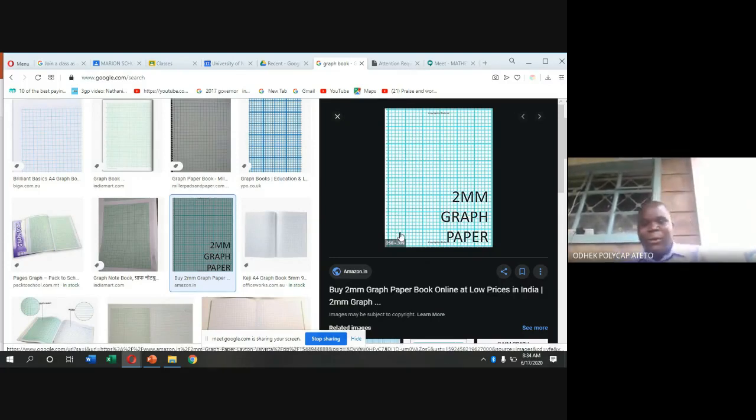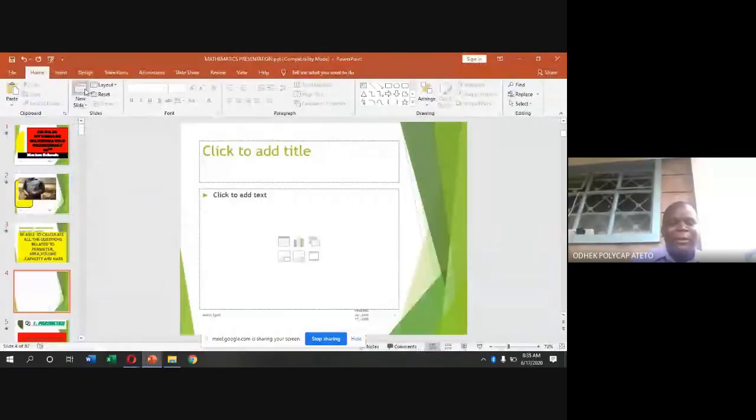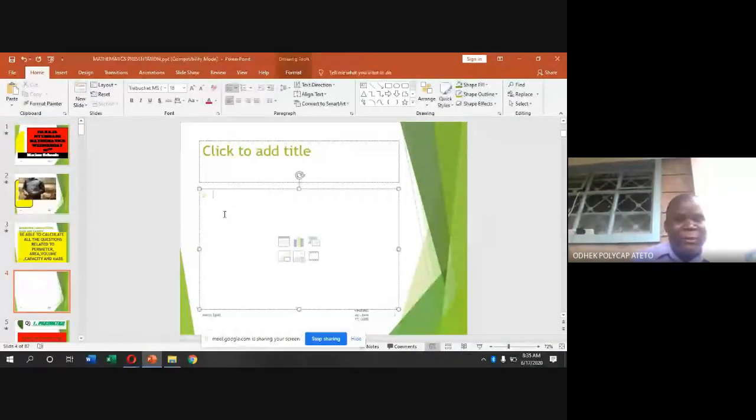Now the scale is always written as 1 centimeter represents something, either on the vertical or horizontal. Let me increase the font.